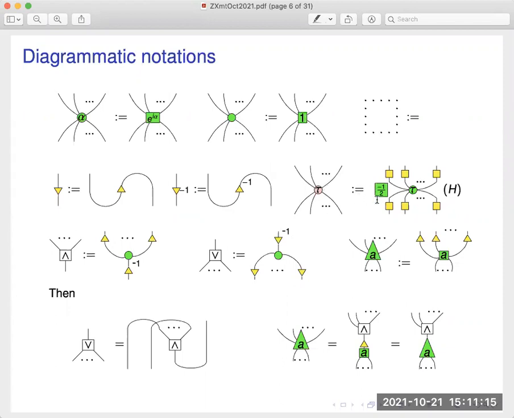The red spider can be defined in this way, using the phases 0 and pi. And also the AND gate in algebraic ZX calculus. Sorry, I read all the diagrams from top to bottom. The AND gate is just a green spider with legs operated by triangles, and on the top there is an inverse triangle.